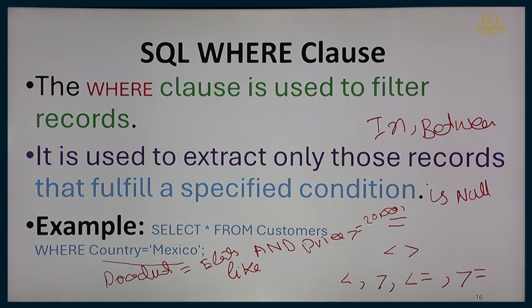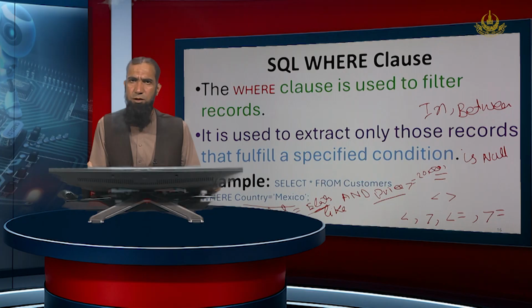First condition, the product should be electronics, and the second condition, price should be greater than 20,000. This fetches the records of all those customers whose products are in the range of electronics and price should be more than 20,000. The where clause is essential because it gives you control over what data you want to see, making SQL queries highly flexible.